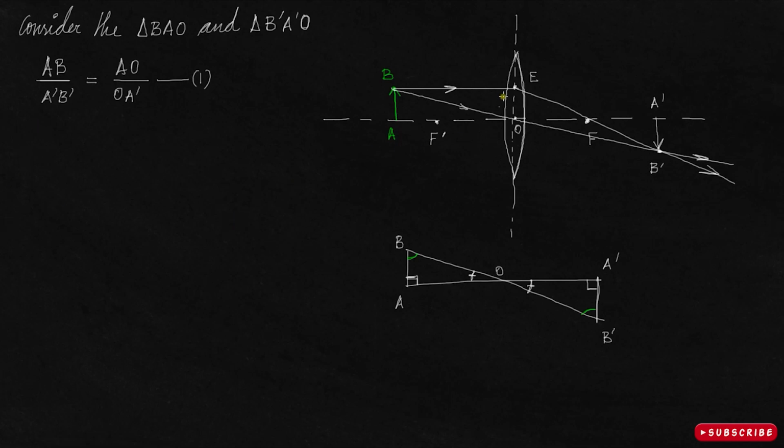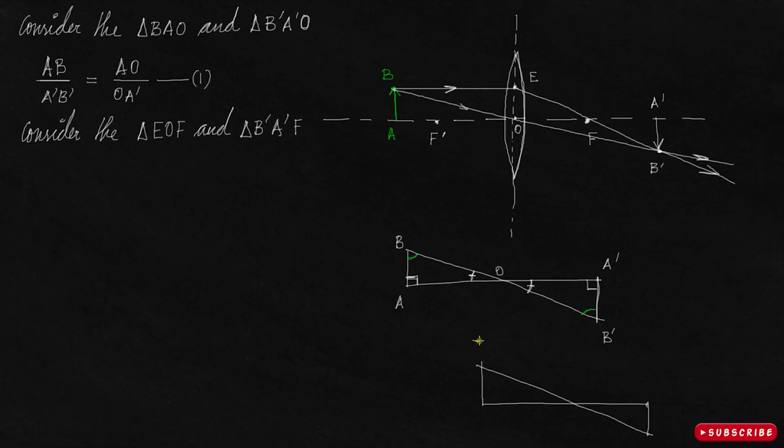Now consider another triangle, the triangle EOF and triangle B dash A dash F. If I draw this triangle, this is E, this is O, this is F, this is A dash, B dash.